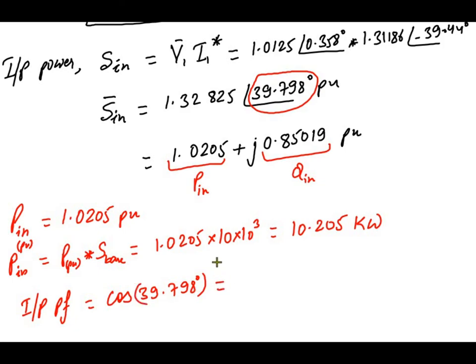It will come out to be 0.7684, and it will be lagging. Why is it lagging? Because if you write S is equal to S angle phi, a positive phi means the power factor is lagging, and if it is minus phi, it means leading. Here it comes out to be positive, so it's lagging. Now we have calculated the input power and input power factor.